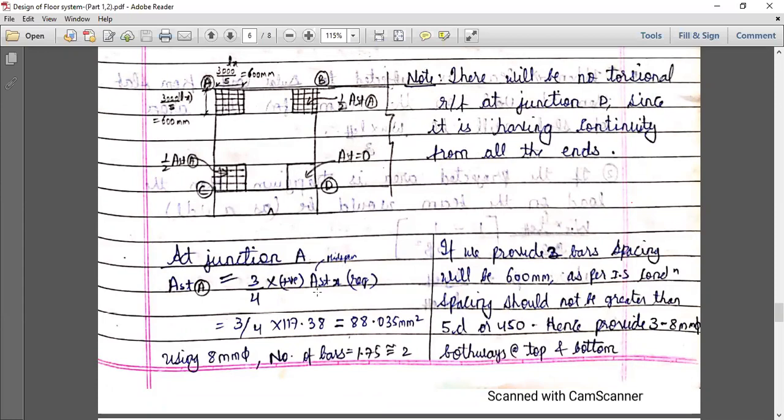At this junction, the steel provided is 3/4 of the steel required at the mid span. AST required at the mid span was 117. So what is 3/4 of that? This much. Again using 8 mm diameter, we will provide the number of bars within the mesh.